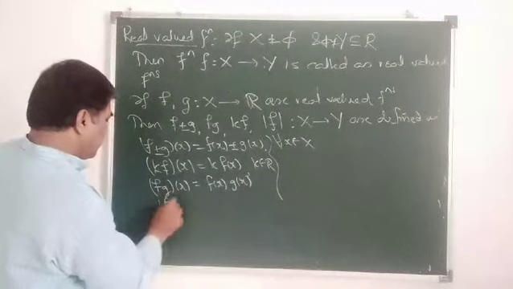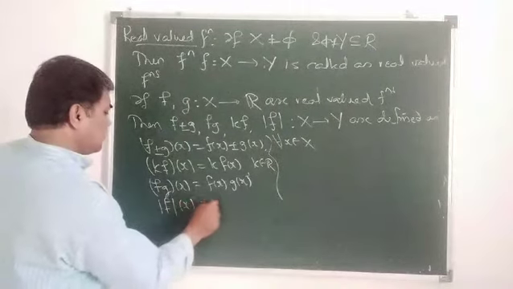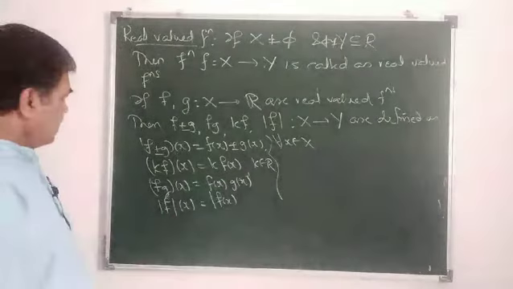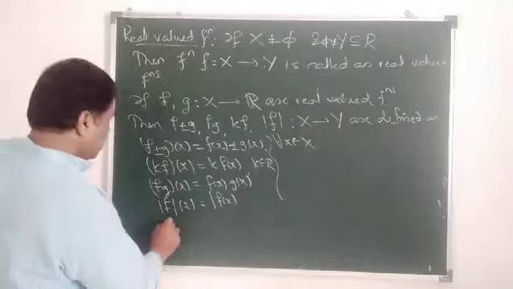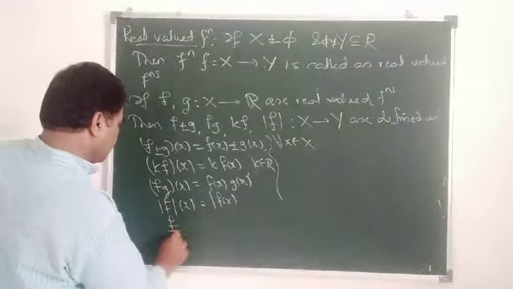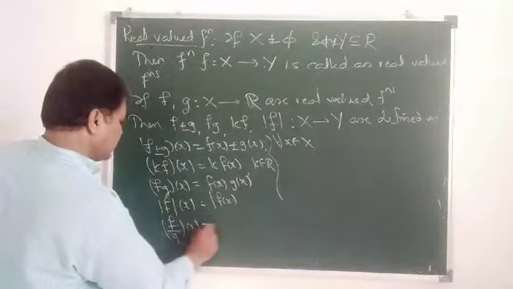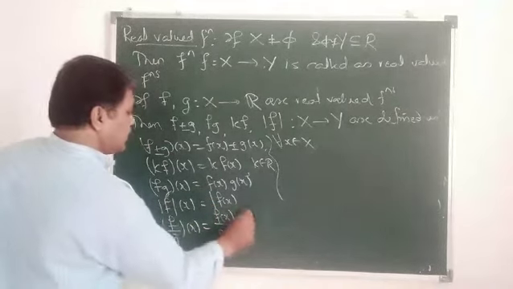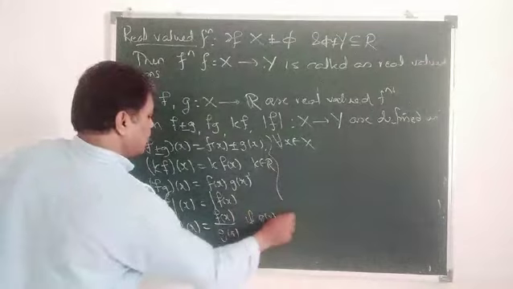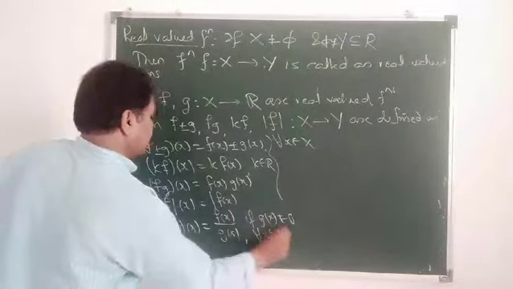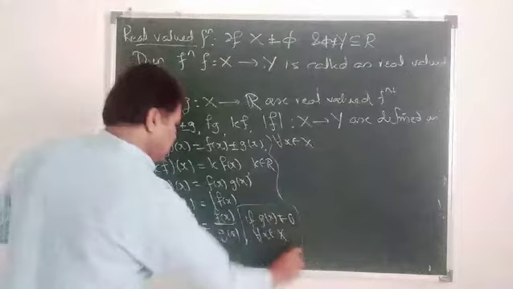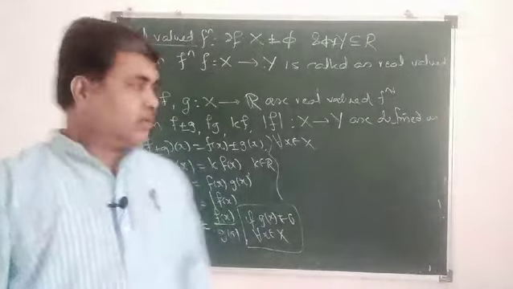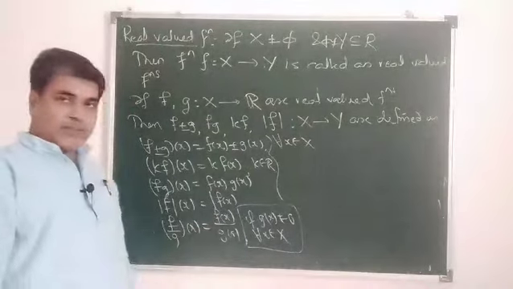Mod f function is defined as mod of f(x), for x belongs to X. I can talk about the quotient function f by g of x is equal to f(x) upon g(x), if g(x) is not equal to 0 for all x belongs to X. This is the important condition while talking about the quotient function. Till then we cannot define that one.